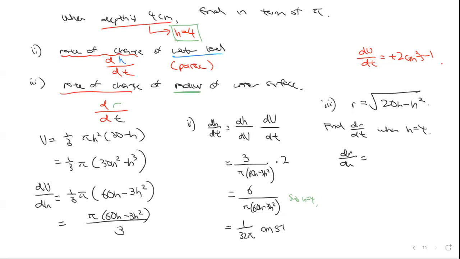Let's do this on a new page so we have a bit more space. The question is to find dr/dt when h equals 4. We know r must equal the square root of 20h minus h squared.